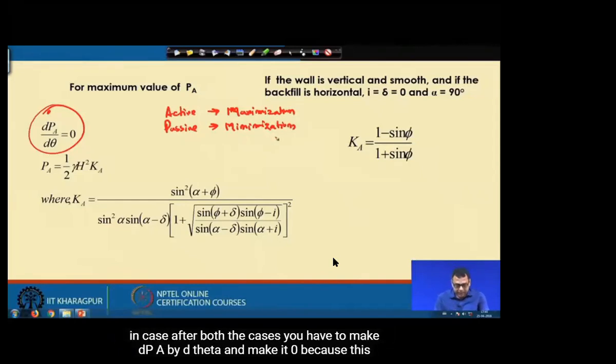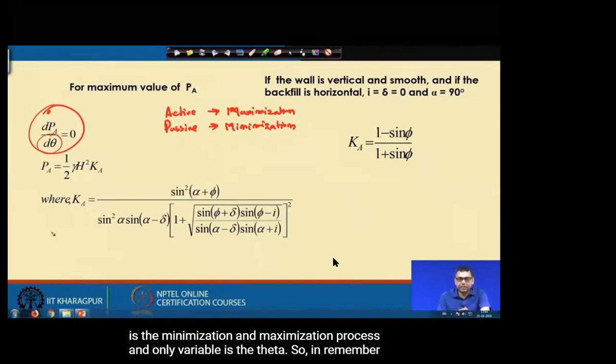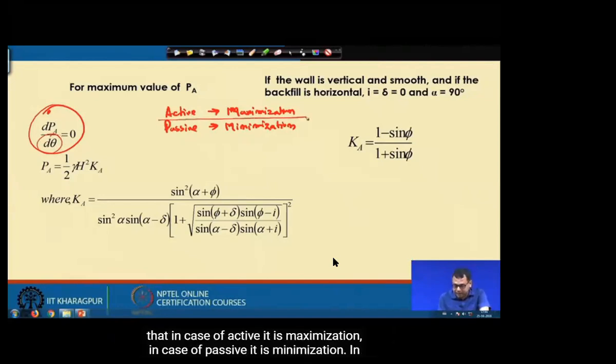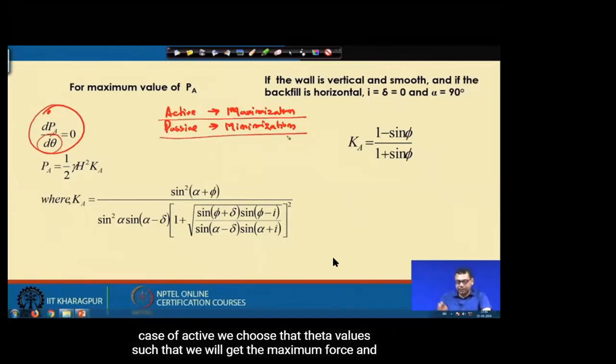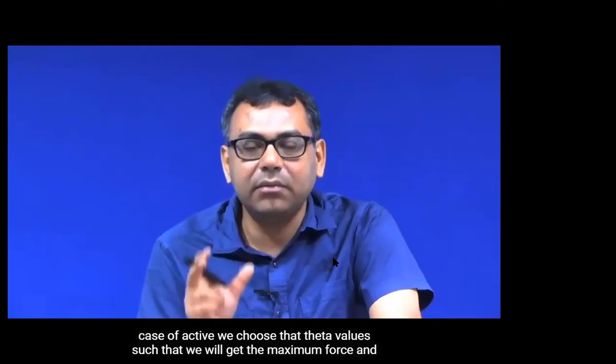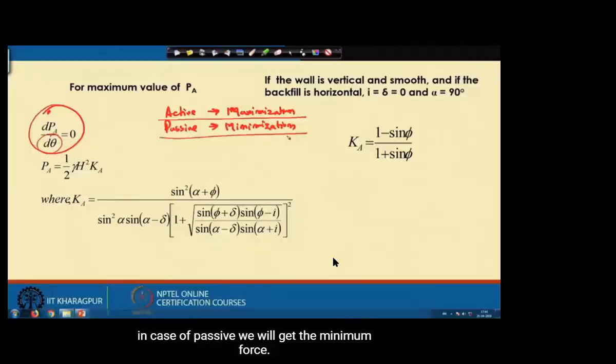In both cases you make dPA by d theta equal to 0, because this is the minimization and maximization process, and the only variable is theta. Remember that in case of active we choose the theta value such that we get the maximum force, and in case of passive we get the minimum force.